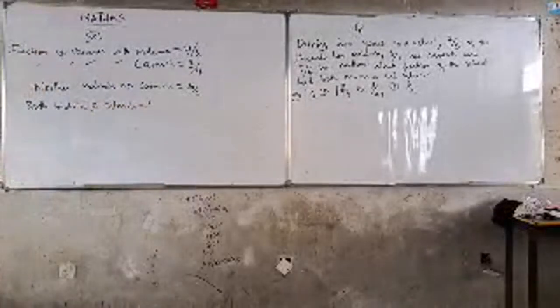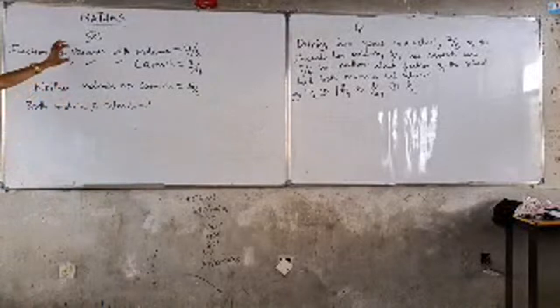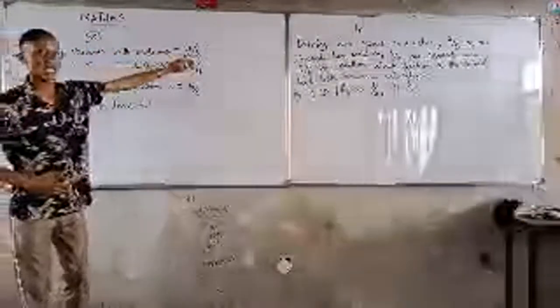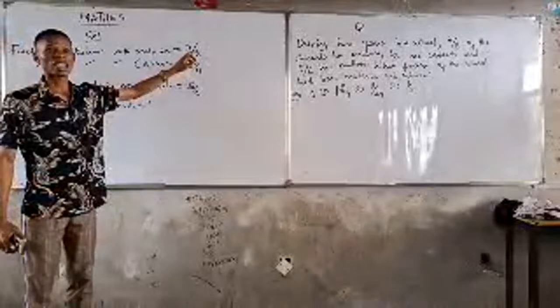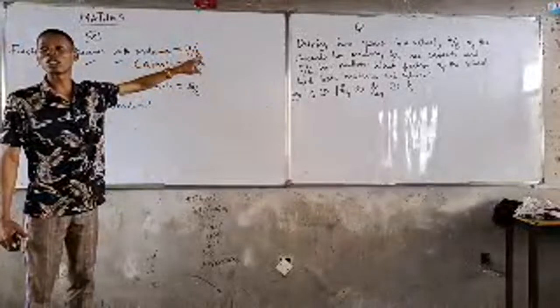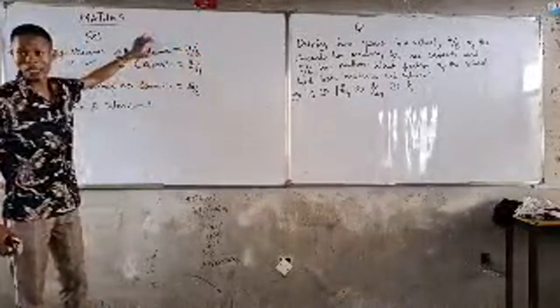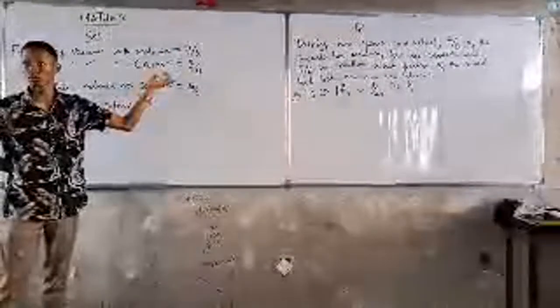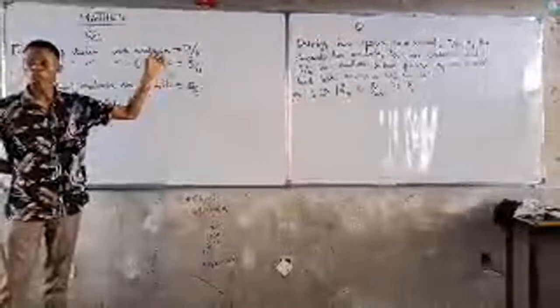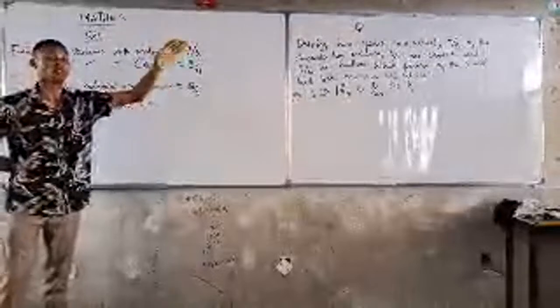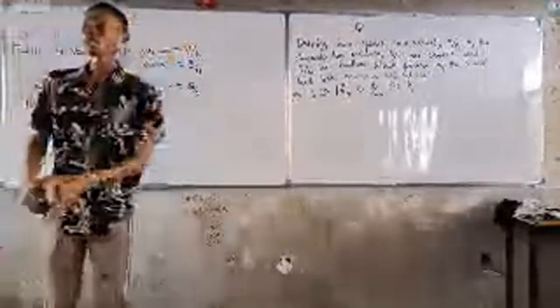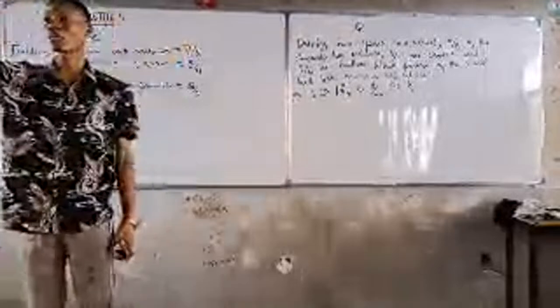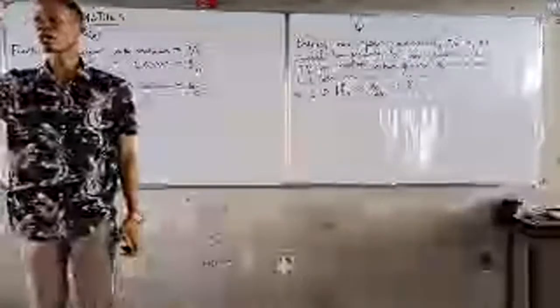Now, if you understand this question, they said 7/8 of the students, that is 7 students out of every 8 students, have malaria. The 7 students might also have catarrh, we don't know. Let's say in this class, out of every 8 persons, 7 persons have malaria.